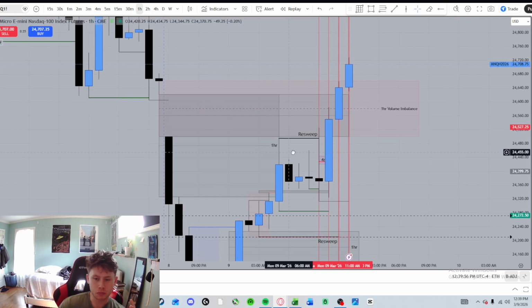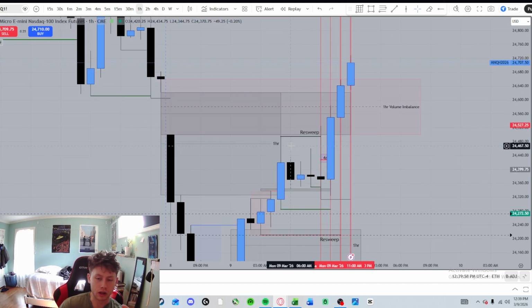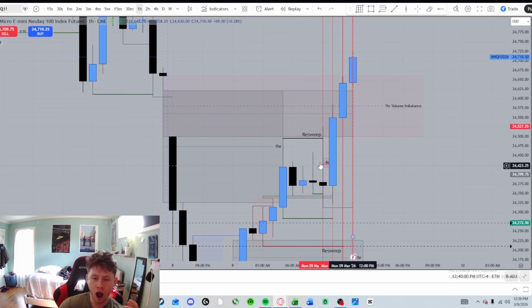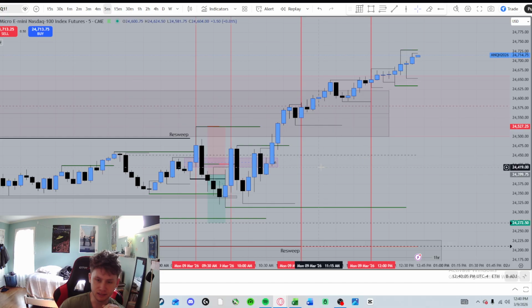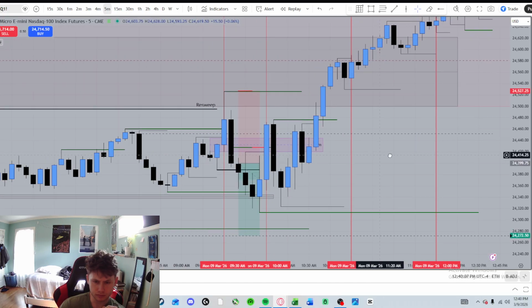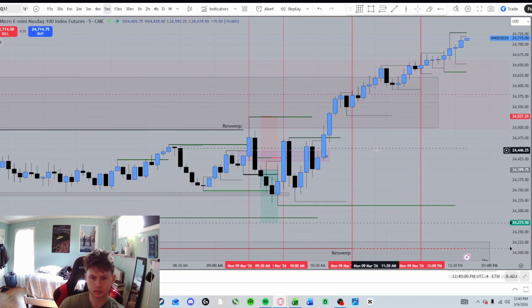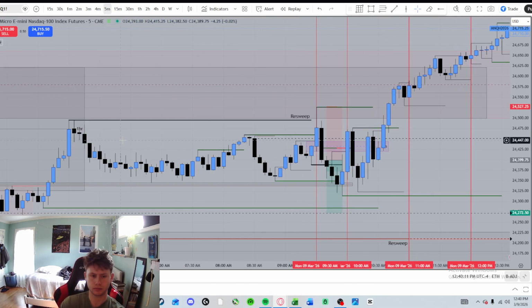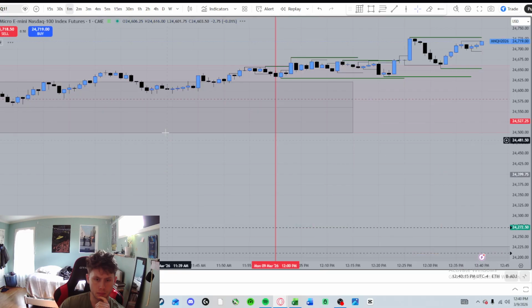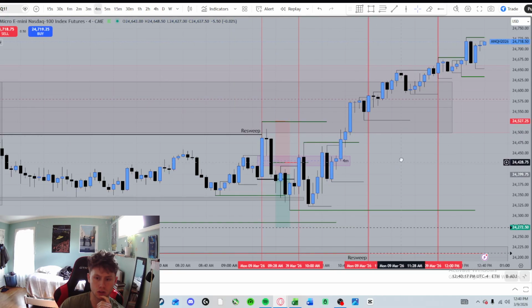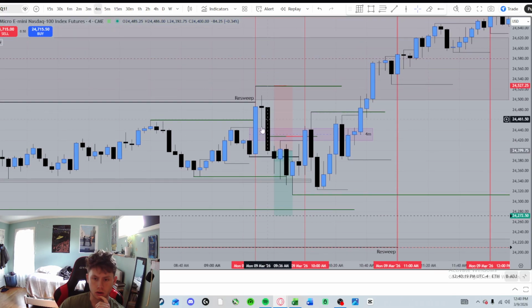I'm not super experienced with this specific situation, so I just treated it like a normal resweep. As you can see, we reswept that high, dipped into the gap, and we made a 4-minute entry here.